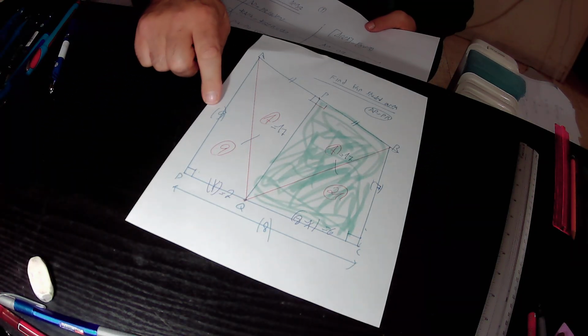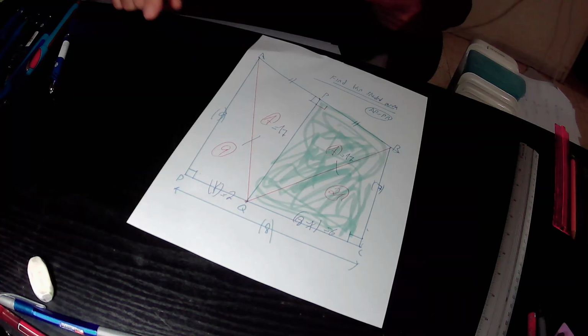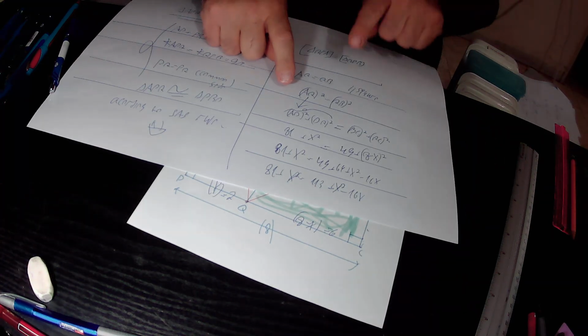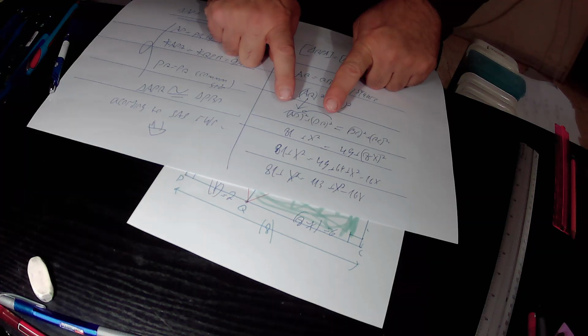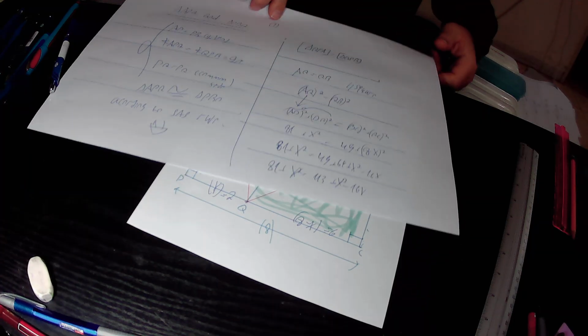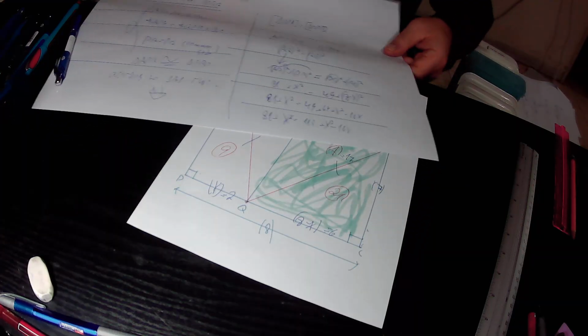AD is 9, therefore AD squared is 9 squared, that is 81. DQ is X, therefore DQ squared is X squared. So AD squared plus DQ squared equals 81 plus X squared, and it equals BC squared plus QC squared.